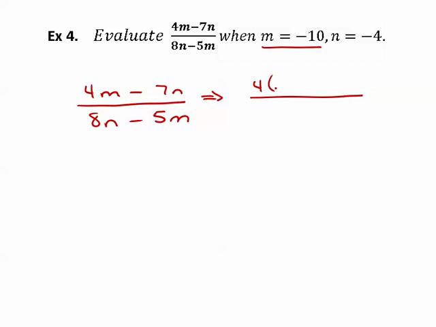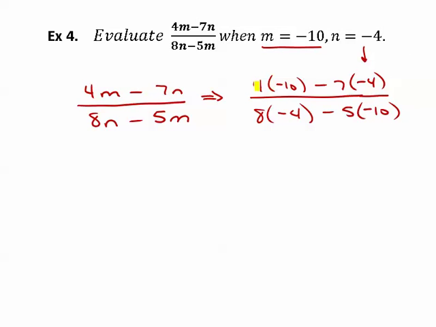The value of m is negative 10. And then minus 7 times the value of n. Well, the value of n is negative 4. On the bottom, we have 8 times n. Again, the value of n is negative 4. Minus 5 times m, and the m value is negative 10.